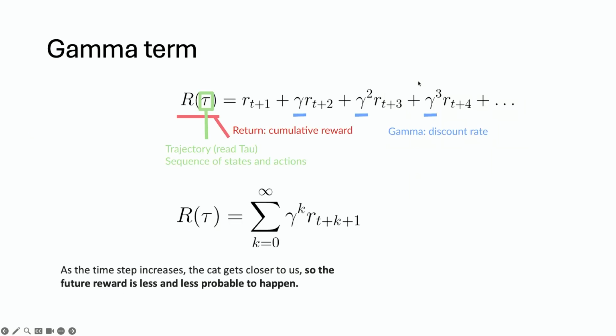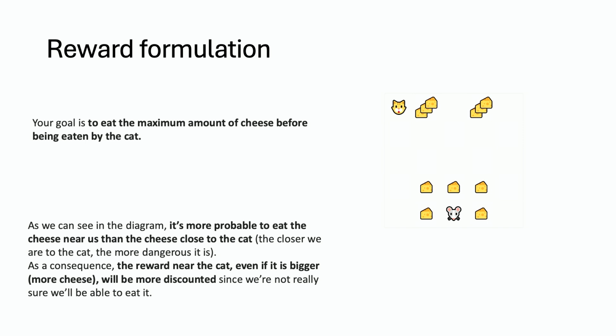So in the reinforcement learning reward system, there is a gamma term, which is called the discount rate. This gamma regulates whether you consider future rewards or instant rewards. For example, imagine eating one cheese always gives you only one reward, so we always want to find easy ways to increase reward.